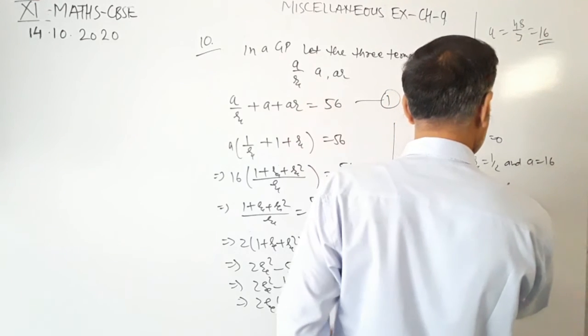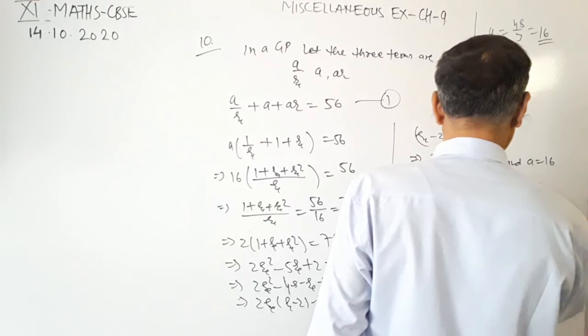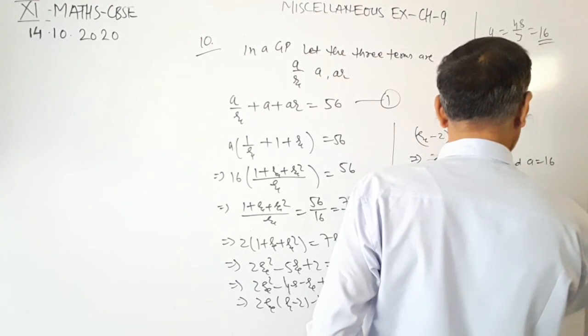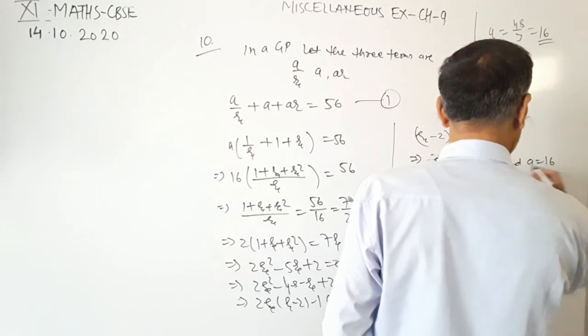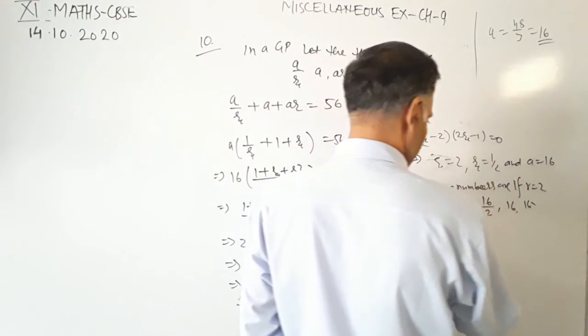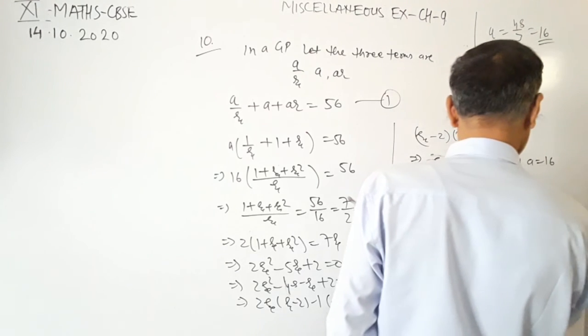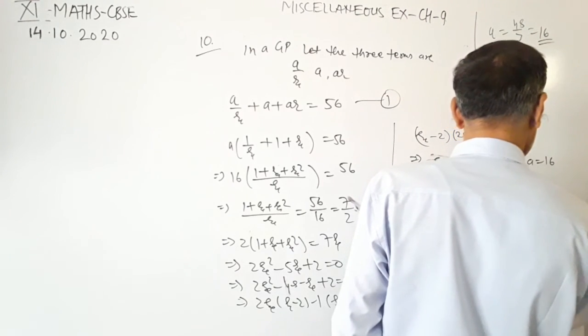If R equals 2, A upon R is 16 upon 2, A is 16 and AR is 16 into 2. So this is 8, 16 and 32.